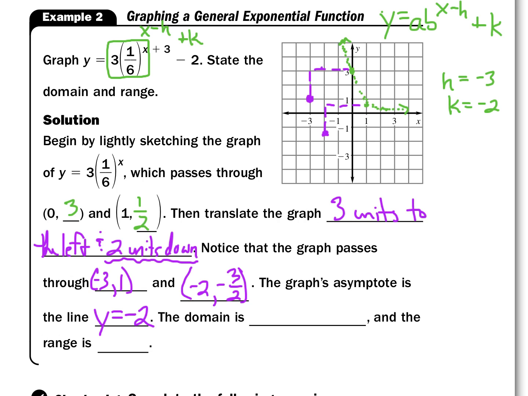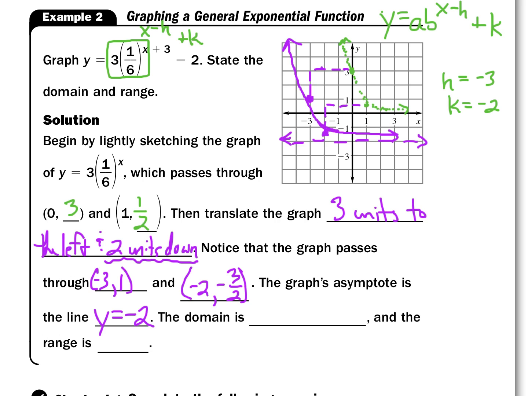The whole thing is shifted 2 units down, so the asymptote is now y equals negative 2. And so our curve matches the other one. We just curve it down, and it approaches but doesn't touch y equals negative 2.